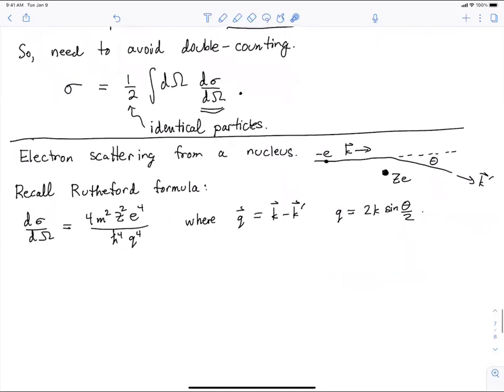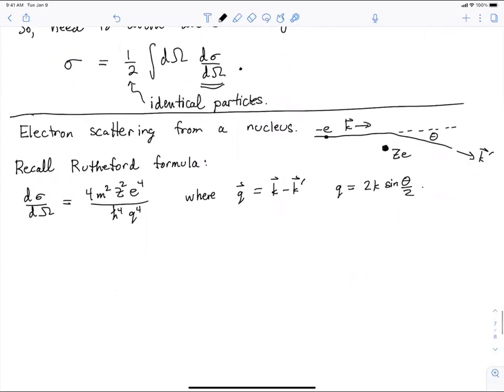Okay, now when we got that Rutherford formula, we were not worried about the spin of the electron at all. And that's a good approximation if the electron isn't deflected very much. But more generally, you need to take the spin into account.